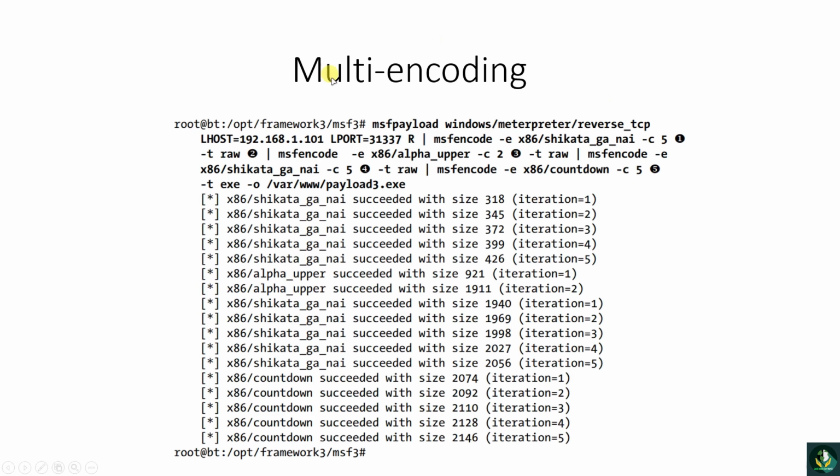So here is an example of using multiple encoders that passes. Here we use Shikata Ga Nai, feeding the code in a raw format, as you can see.